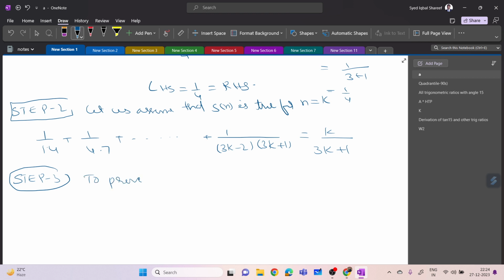To prove that S of n is true for n equal to k plus 1. So the k plus 1 term will be 1 by, wherever a k is there you have to write k plus 1.